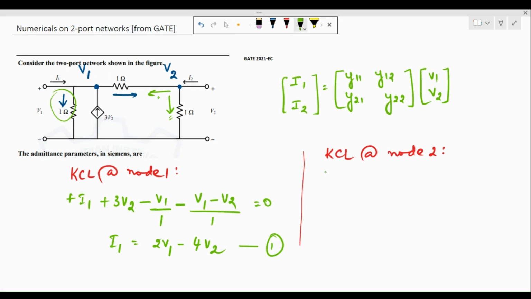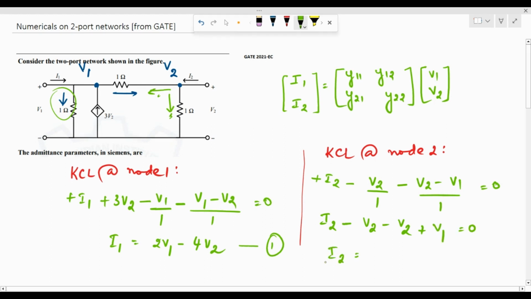So we can write the equation as plus I2 entering node 2, minus V2 by 1 for this particular current, and for this one minus (V2 minus V1) by 1, put together is 0. That basically is I2 minus V2 minus V2 plus V1 is 0, and therefore I2 becomes equal to minus V1 plus 2 times V2. This becomes the second equation.